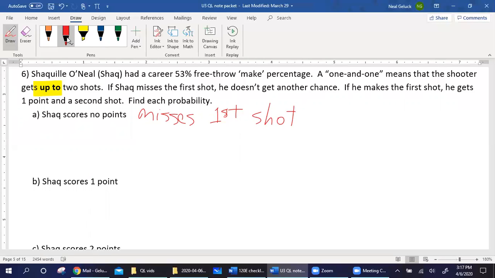This is just a miss. So there's only one shot, and it's a miss. Well, the chances of him making the shot are 0.53. So the chances of him missing are 1 minus 0.53, which is 0.47.